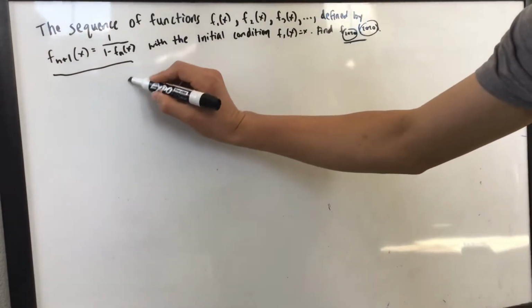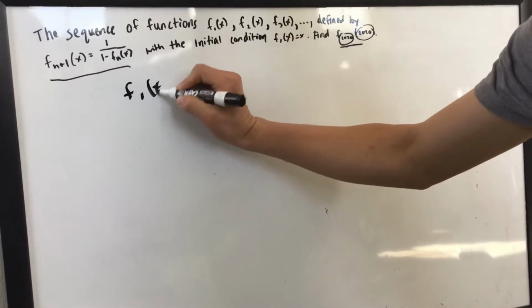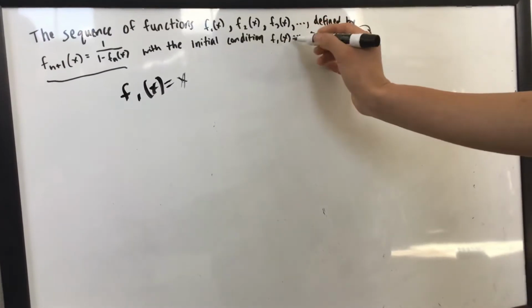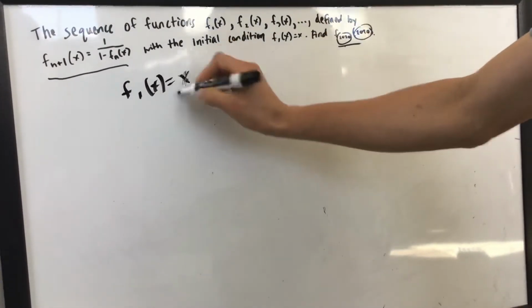So we can immediately see that f1 of x equals x. That's our given. That's how we're defining the functions in this recurrence equation.